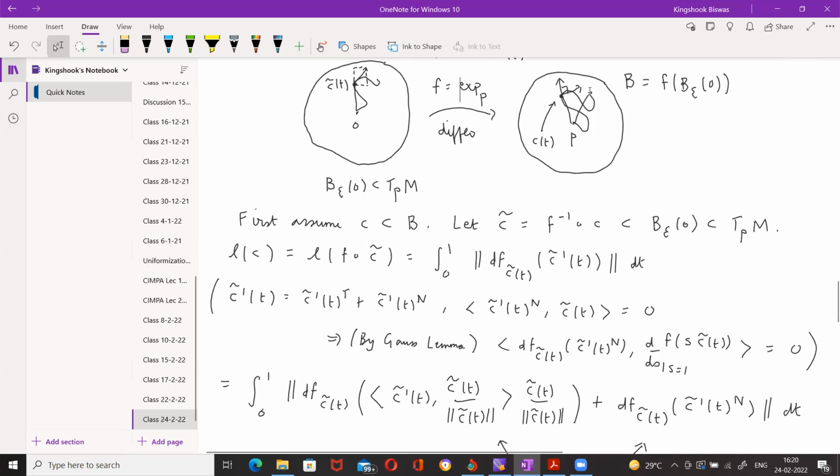Is that clear? Okay. Right. So therefore, geodesics are locally length minimizing.